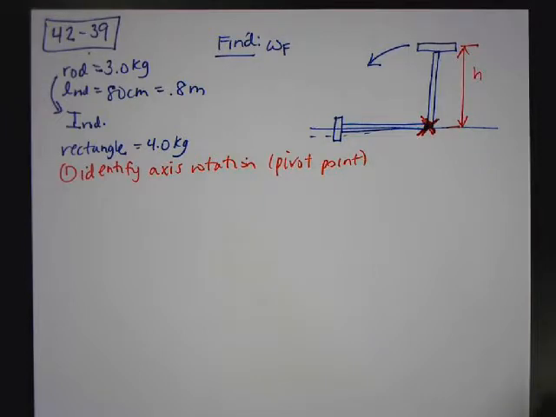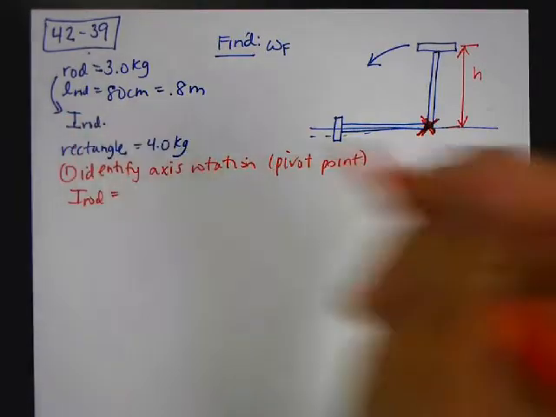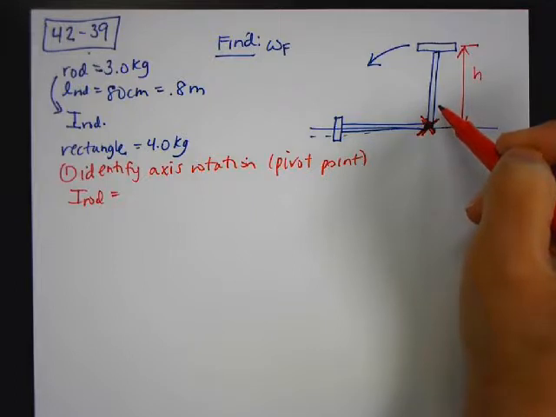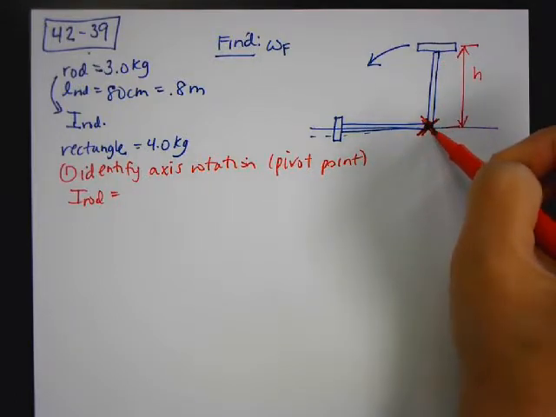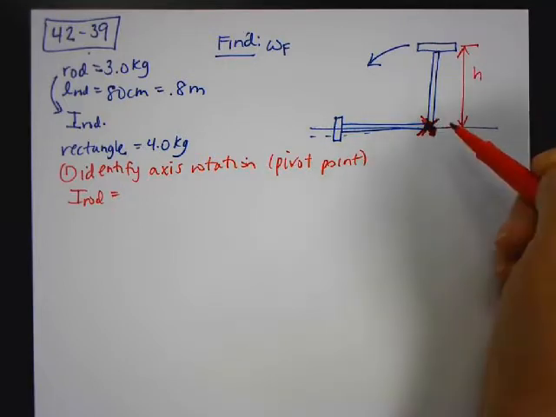All right, the first thing I'm going to do is calculate my moment of inertia. So for my rod, here's my whole rod. The pivot point is at the end. So because it's at the end, I'm going to look up the equation for a rod where the axis is at the end.